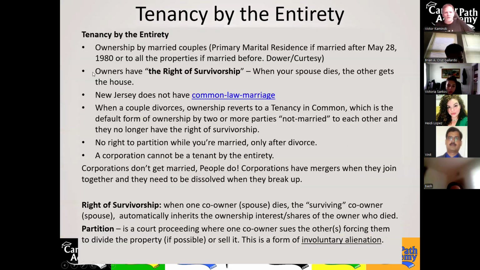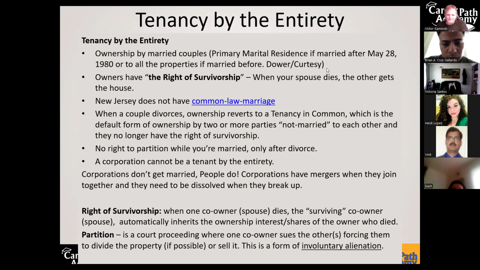All right. So here's the breakdown on tenancy by the entirety. Ownership by married couples, primary marital residence if married after May 28, 1980, or to all properties if married before. You have dower and courtesy rights, right? That makes a difference.